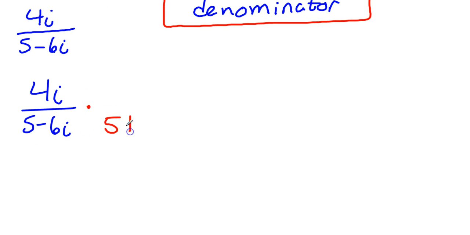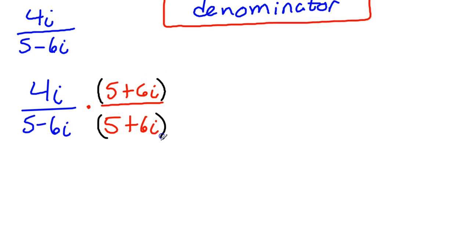So make it 5 plus 6i. Again, the only thing you really want to do is when you do that, make sure that those are in parentheses, because technically they are. Same thing with this one, that technically it's in parentheses. Which means the bottom part's going to be doing the FOIL method, the top part's going to be doing the distributive property.